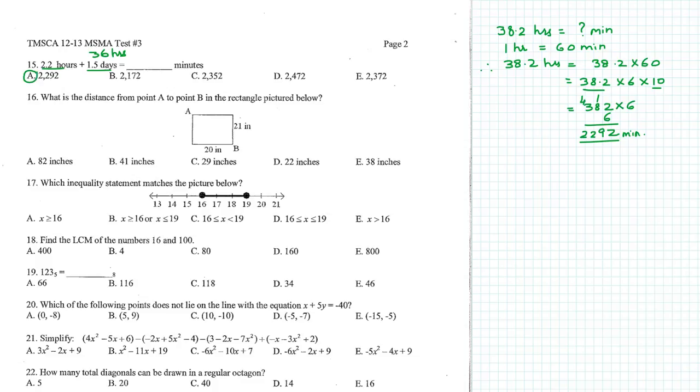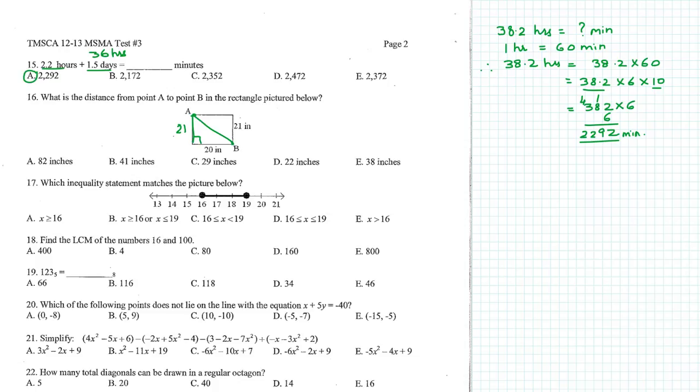Question 16. What is the distance from point A over here to point B in the rectangle pictured below? So if this is a rectangle, then this side on the left is also equal to 21 inches. So the diagonal AB is right over here. Since this is a rectangle, this means this angle is 90 degrees, and we can use the Pythagorean theorem.